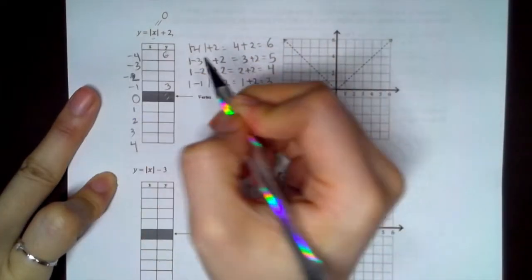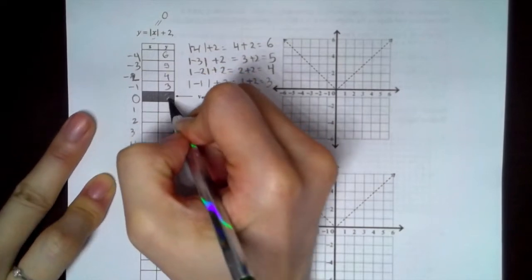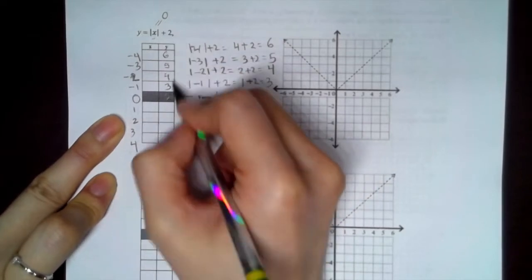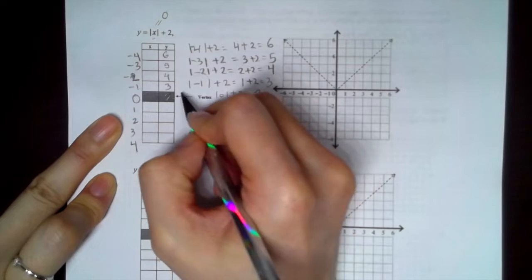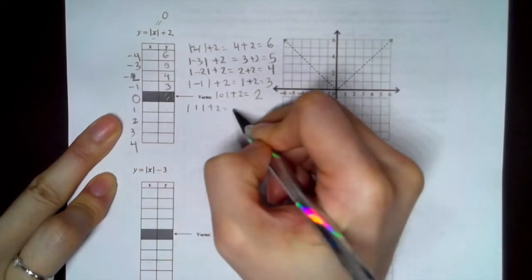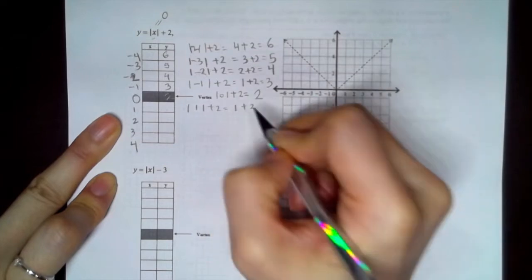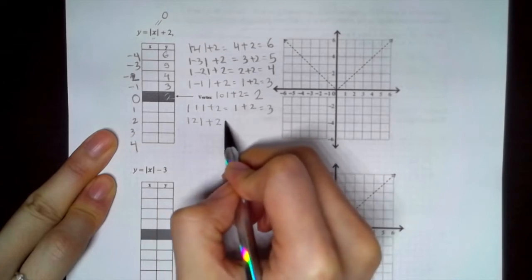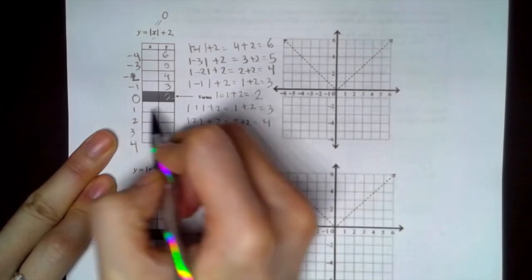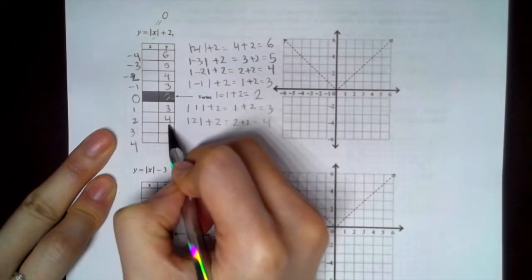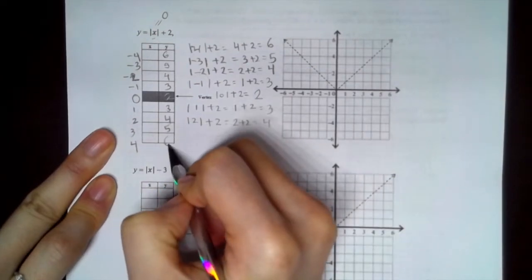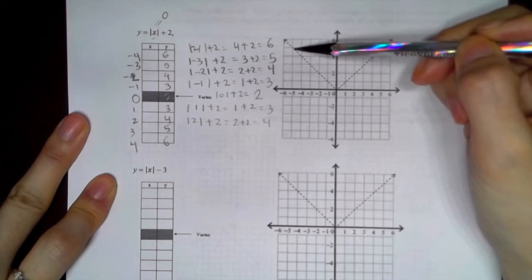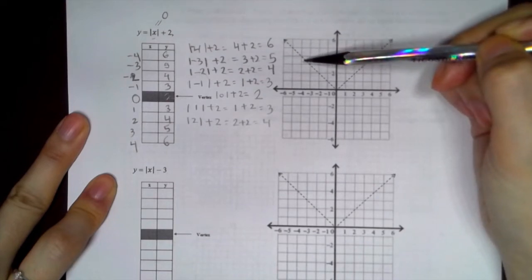So let's put it in, 6, 5, 4, 3, 2, and when it's 1, because that's my vertex, something different here. It does not follow this pattern. So let's put 1 plus 2. Then you get 3. When you put 2, then you get 2 plus 2, which is 4, right? Then 5, that's 6, right? Hold on.